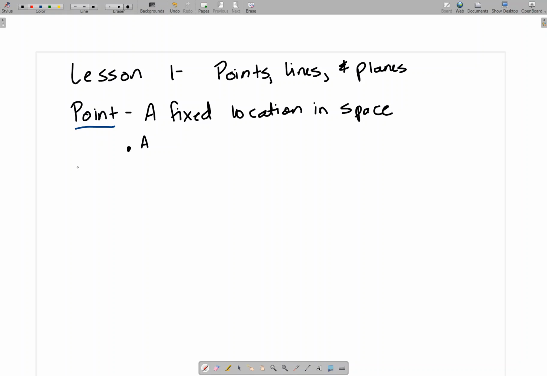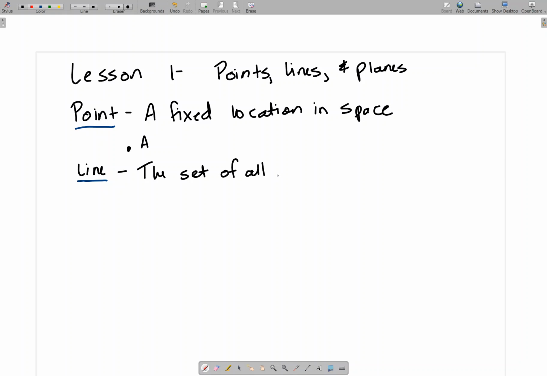So next we have a line. The actual geometric definition of a line is the set of all points. So lines are made up of points.